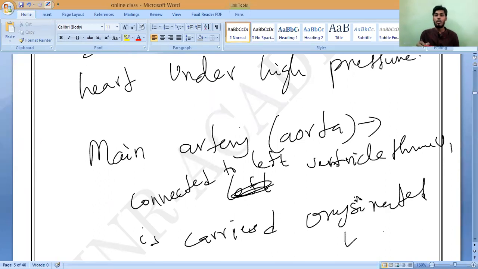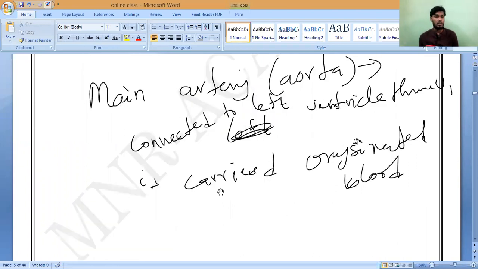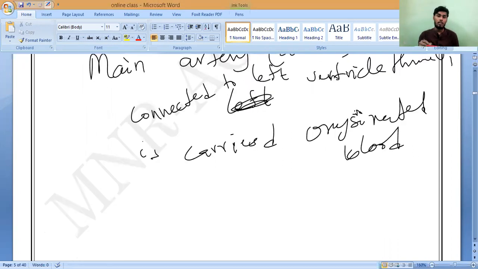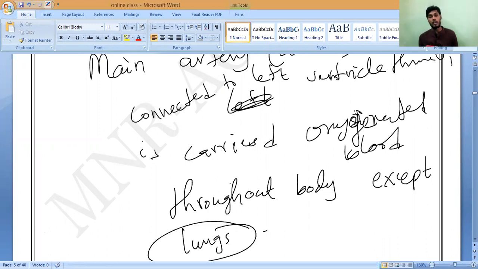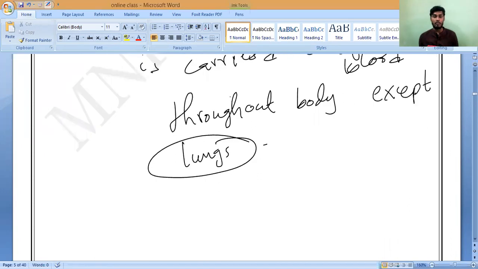Oxygenated blood throughout the body parts except one part, called what? Lungs. Oxygenated blood is carried throughout the body except one organ, the lungs. For the lungs, some other thing will be carried, that is what we will say. So that is what you have to remember.